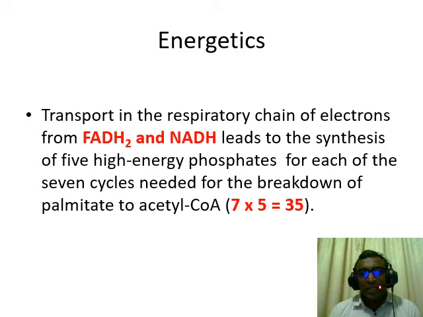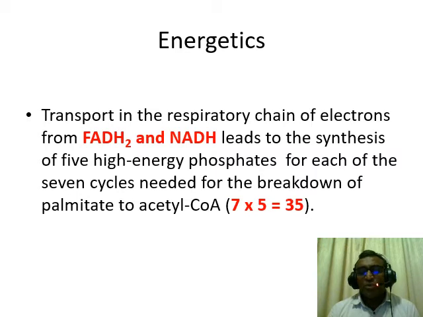So now let's calculate the total number of ATP that can be obtained if palmitic acid undergoes beta oxidation followed by the electron transport chain. You already know that palmitic acid will undergo 7 of the 4 steps. Therefore, there will be 8 acetyl coenzyme A as well as 7 FADH2 and 7 NADH. You know also that each FADH2 undergoing the electron transport chain will yield 2 ATP, while NADH will yield 3 ATP.